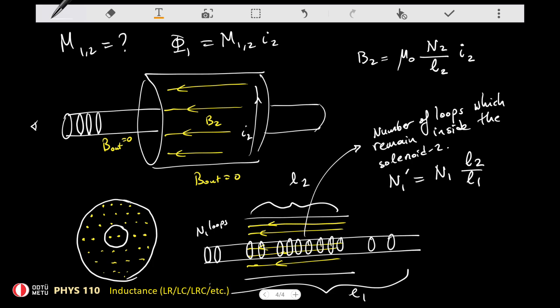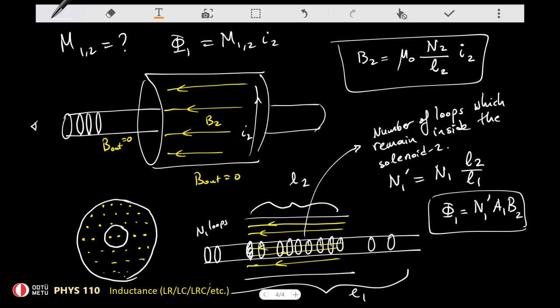All right, let's just remember this. Therefore, the flux through the first solenoid is equal to that number of loops multiplied with the area of each loop, which is A1, multiplied with B2. Then we just combine these three relationships. Let me continue with the next page.